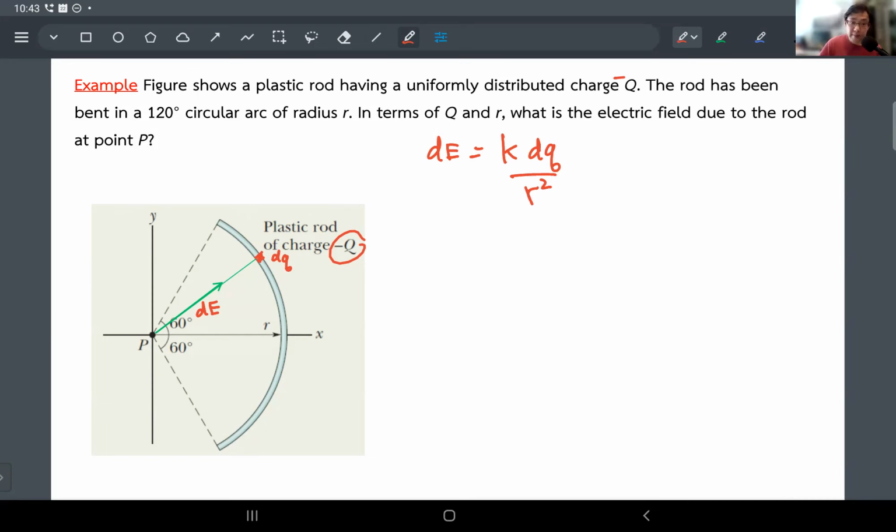That's not bad, but it's a vector, of course, so it's the r hat. But then you think, this will happen at other points. Starting from the top, you slide all the way to the bottom, so each one will generate its own dE.